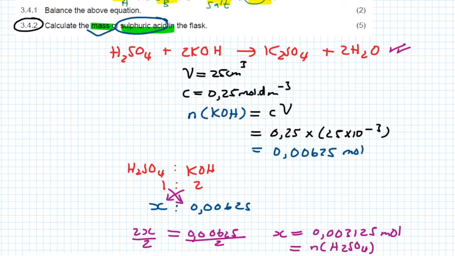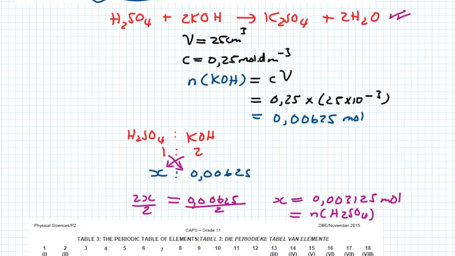So now that we know the number of moles of sulfuric acid, it is possible for us to calculate the mass of the H2SO4. Because mass is going to equal number of moles multiplied by the molar mass. The number of moles is 0.003125.